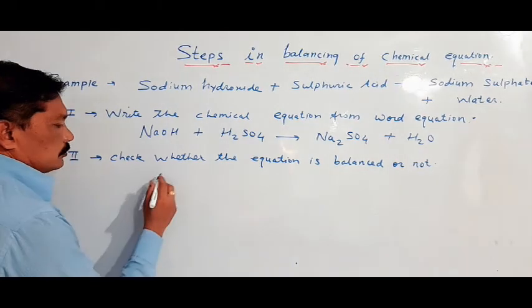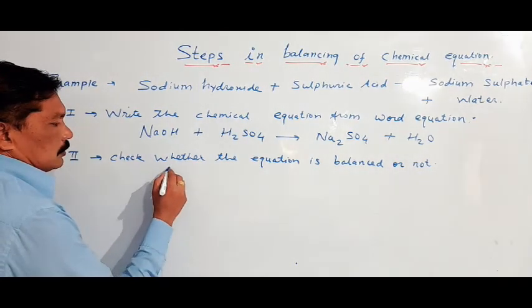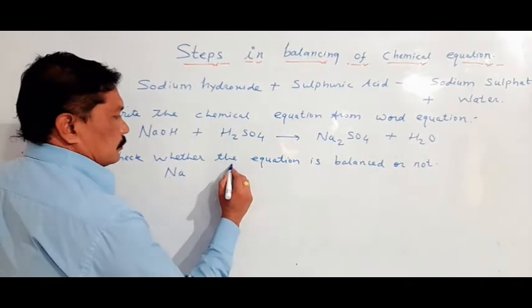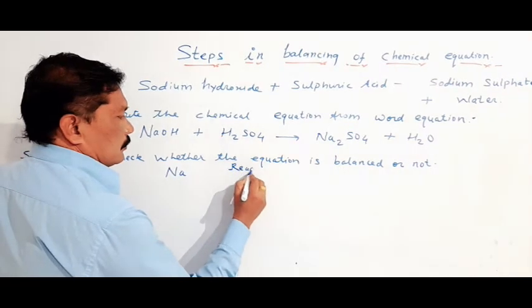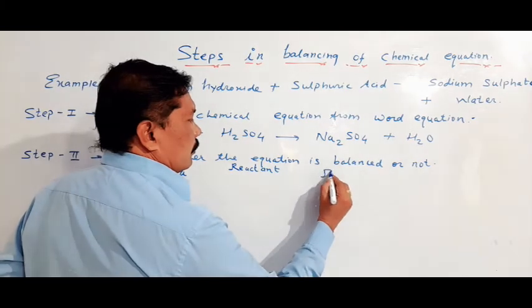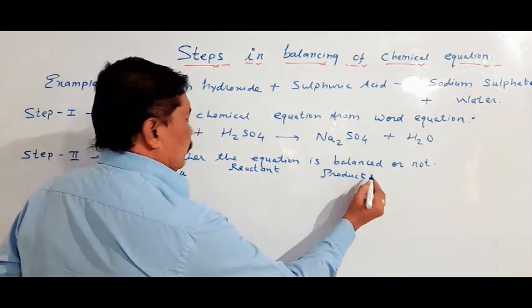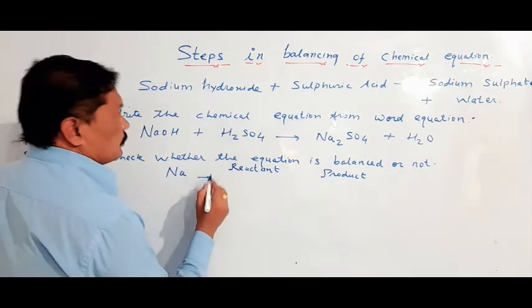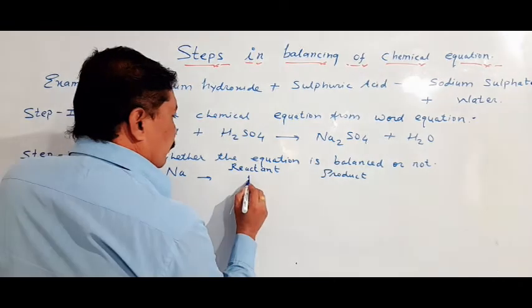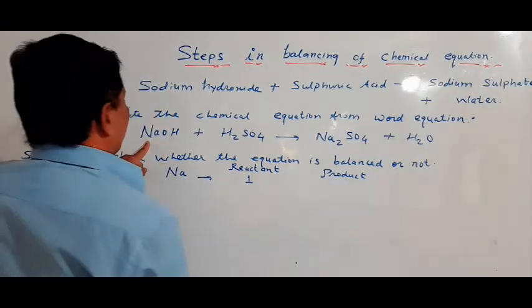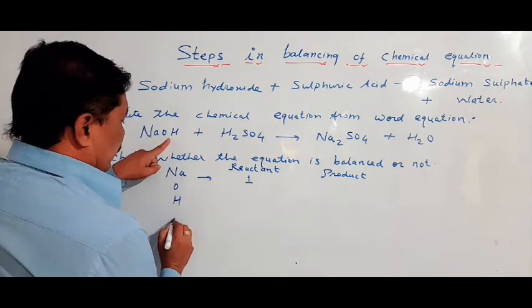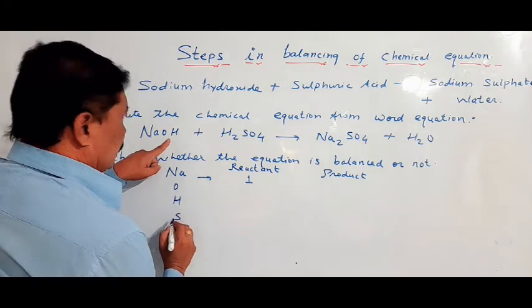So, sodium in reactant and product. Number of sodium atom in the reactant: 1. Oxygen, hydrogen and sulfur.